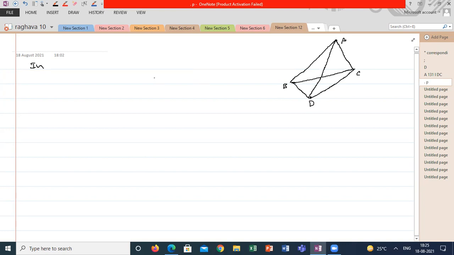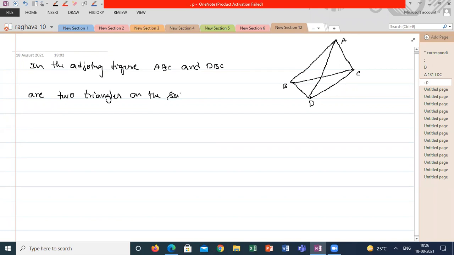AD and BC are the diagonals. In the adjoining figure, ABC and DBC are two triangles on the same base. You can observe from the diagram.